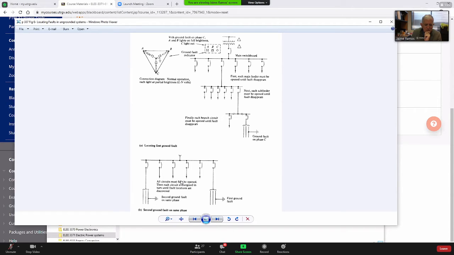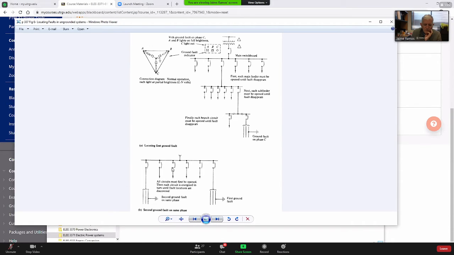When you have faults, you don't know where they are. You need to open, and then each of them is energized until you detect the fault.